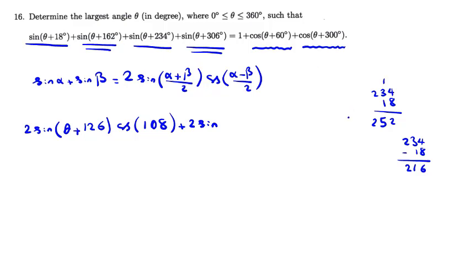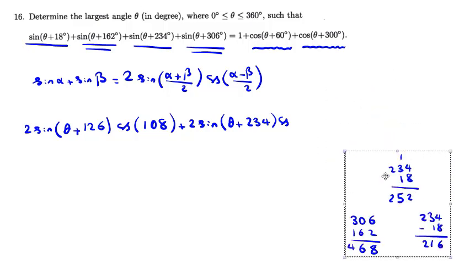Sum of them, 306 plus 162, which will be 864. Sine of sum of them, theta plus this over 2, which will be 234, cos the difference.